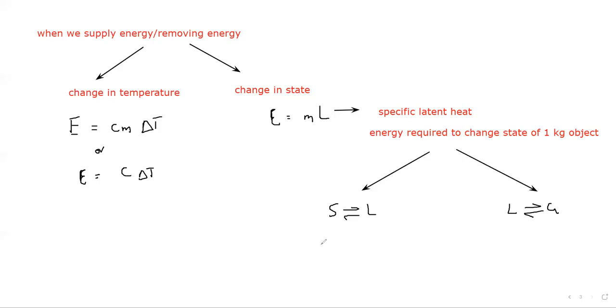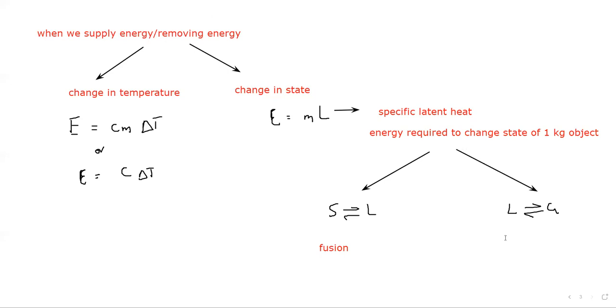When solid is converting into liquid, we call that the specific latent heat of fusion. That change is called melting, but the energy we require to convert 1 kilogram of solid into liquid, we call the specific latent heat of fusion.